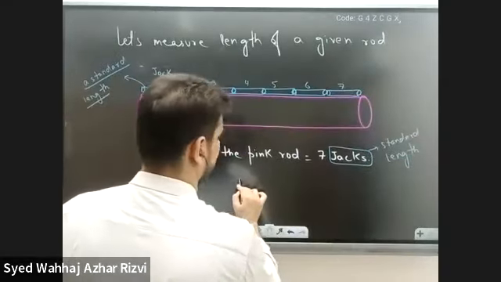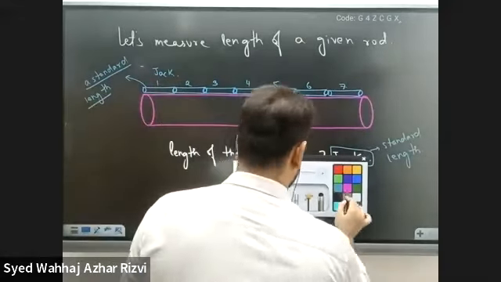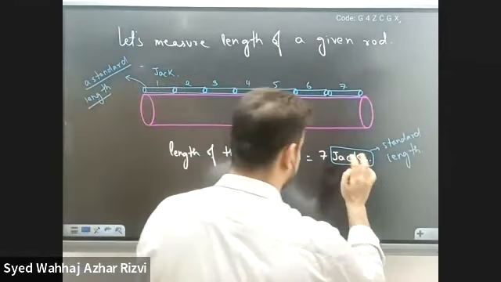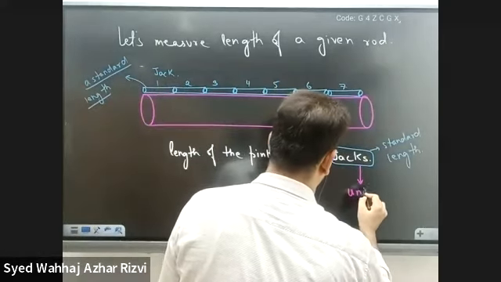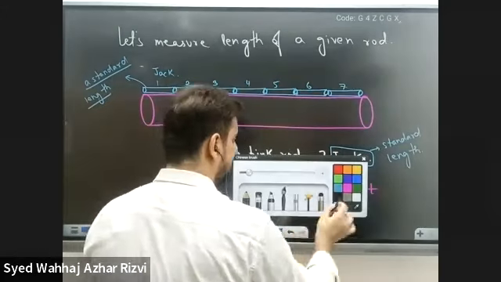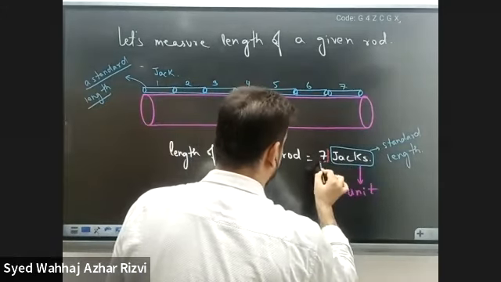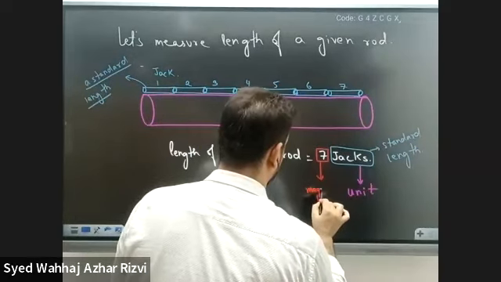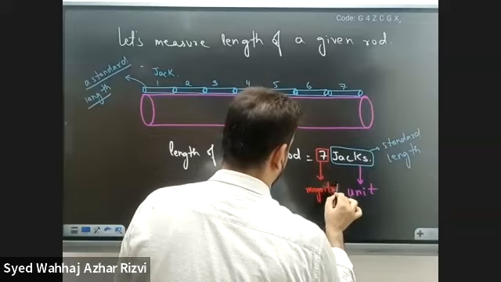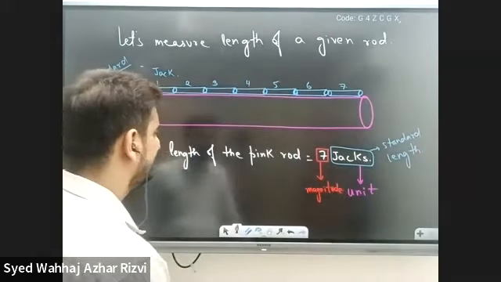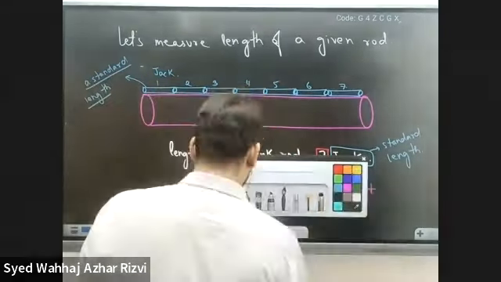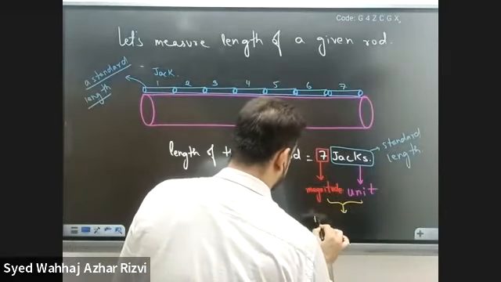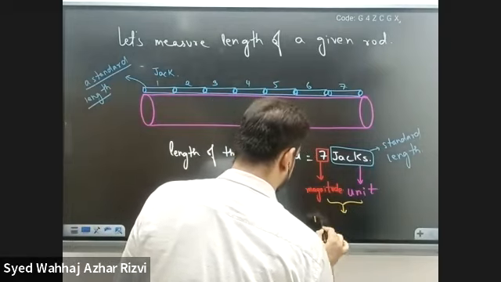So this Jack, which is a standard length, we call this Jack the unit. And the number of times it gets repeated, 7, this is called the magnitude. And after combining the magnitude as well as the unit, we call it the measured value.